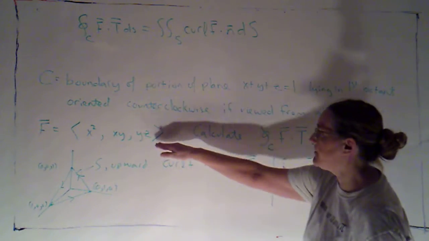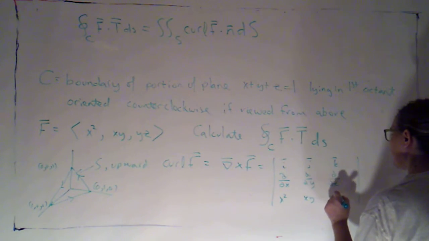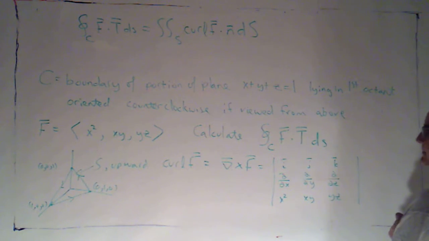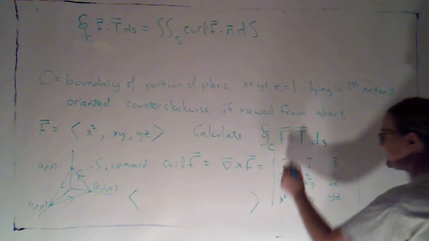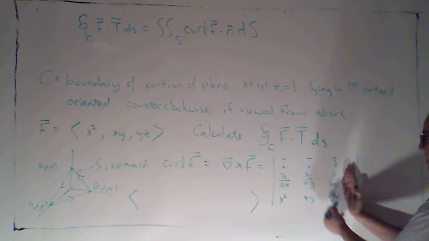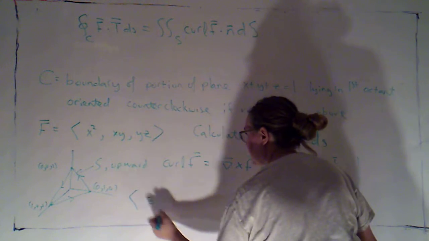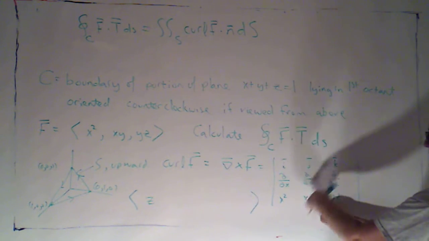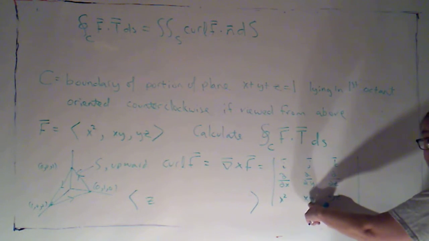And then I'm going to put the components of my vector field: x squared, xy, yz. What that's going to give me, I'm going to write over here because I've got some more space. In the i component, I'm getting the partial of yz with respect to y. That's going to give me just z. Minus the partial with respect to z of xy. That's 0 because there aren't any z's in there.